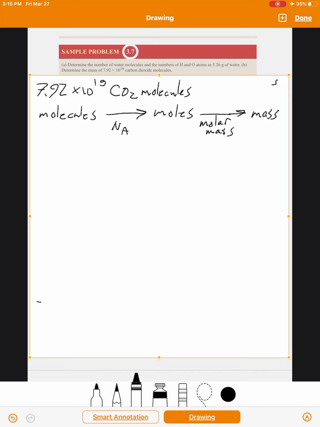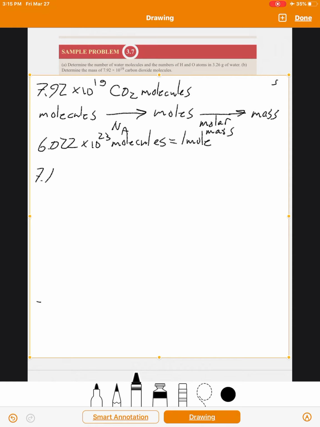So we need Avogadro's number. Well, that's easy. Could look that up, find that. So 1 mole is 6.022 times 10 to the 23rd molecules. We have the number of molecules, so we want to convert that to moles.